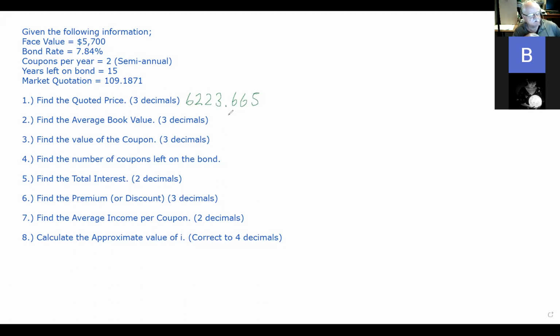Moodle, for some reason, annoyingly went to 4 decimals, but that's okay. So find the average book value. It says take the quoted price that we just calculated plus the face value that we know from the question and divide by 2. And what number will you get there?